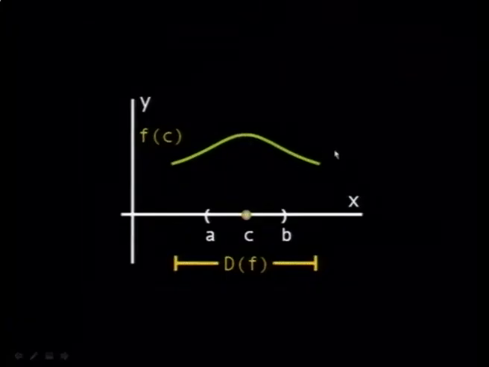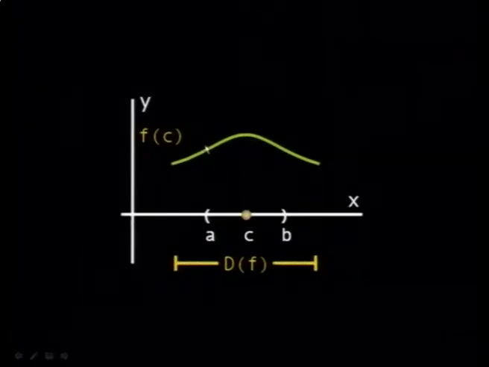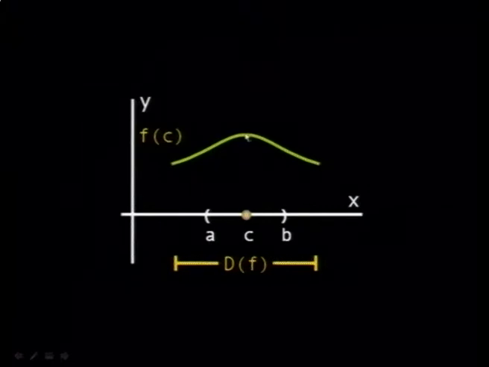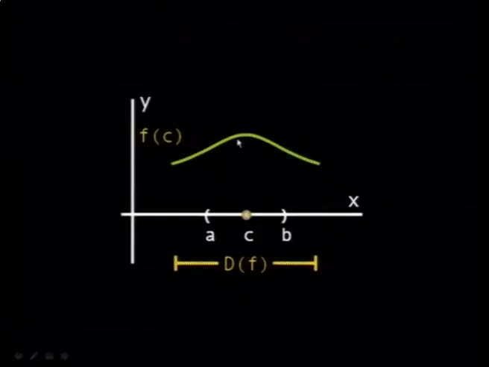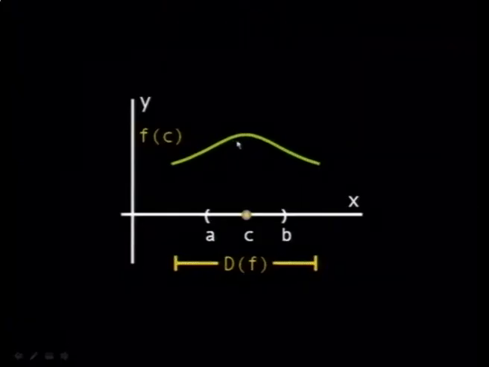Because there may be other maxima greater than this value f of c, but in this small interval, f of c is the maximum in the whole interval. In other words, it's relatively maximum with respect to the rest of the points in the same interval, and this is why we call it a local maximum.